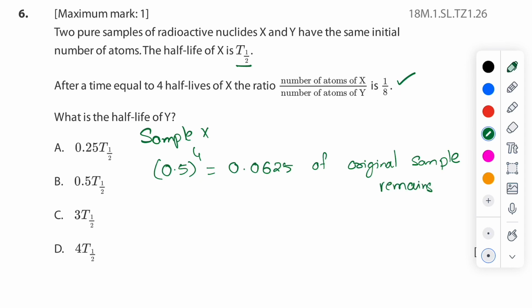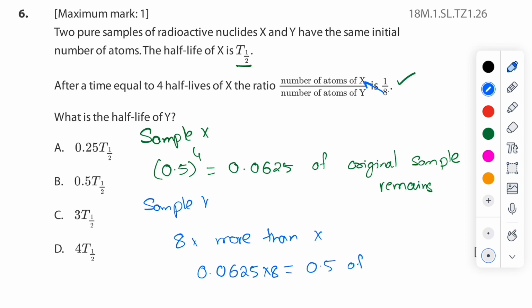Now for sample Y. What is happening? The number of atoms of sample Y is 8 times that of X. When I do the cross multiplication, it is 8 times more than X. It will be 0.0625 times 8, which is 0.5 of the original sample atoms. 0.5 of the original sample atoms means one half-life has passed.